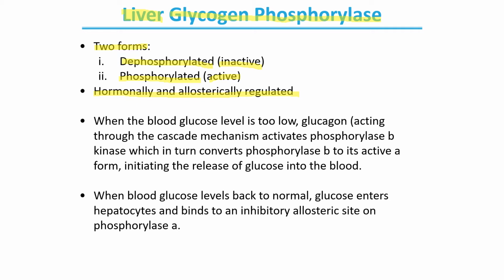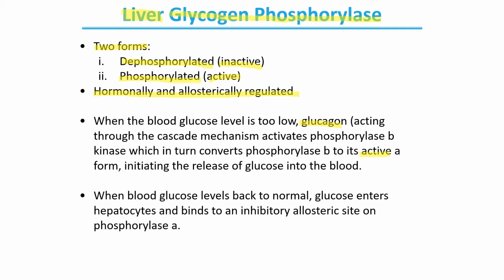Now when the blood glucose is too low, glucagon will be the hormone that acts through the cascade mechanism that we saw earlier, one reaction activating the next one and so on, and eventually converts phosphorylase B to its active form A. So glucagon activates this glycogen phosphorylase in the liver with the help of the signaling pathway cascade.